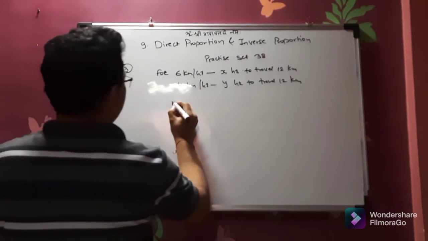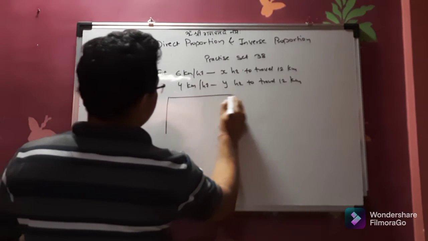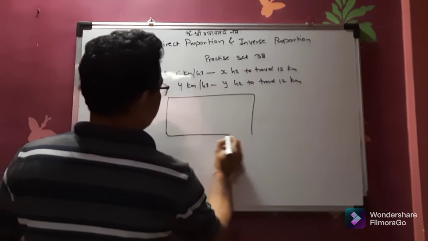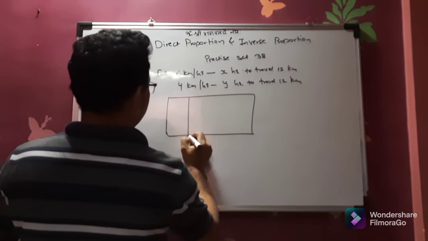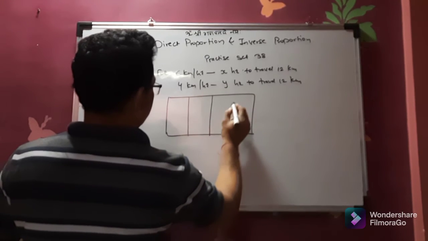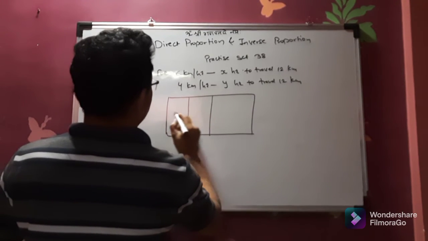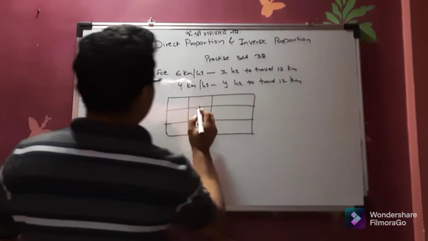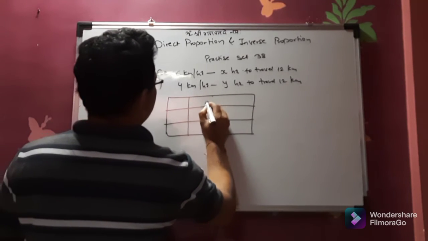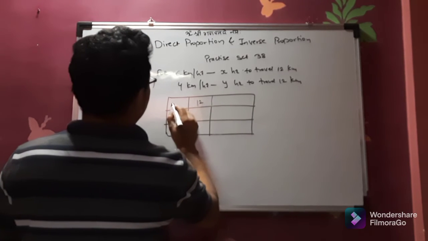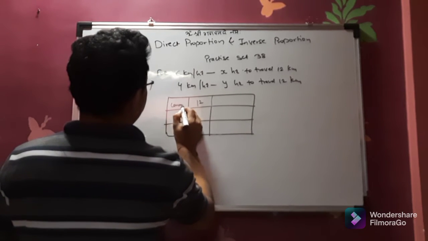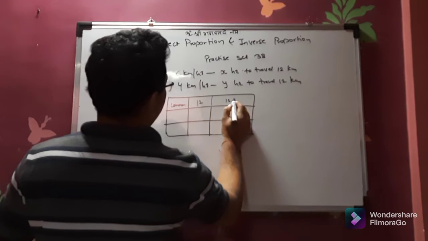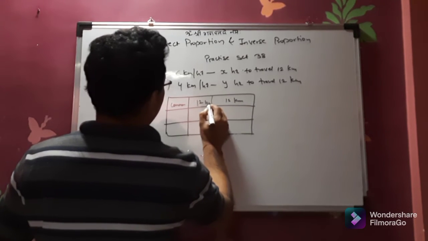So we will put it in tabular form. What is the common? 12 km is the common.